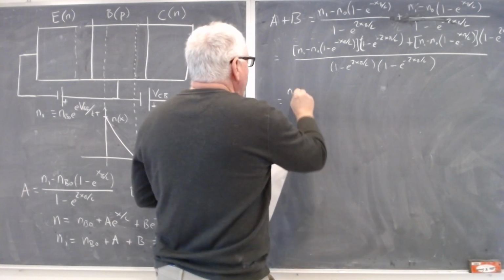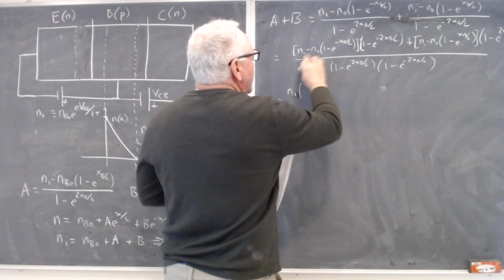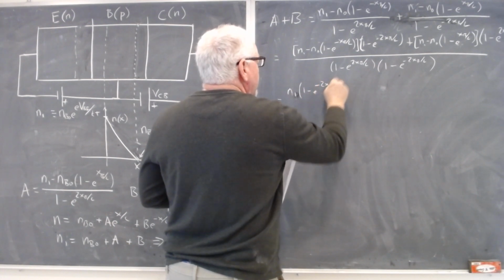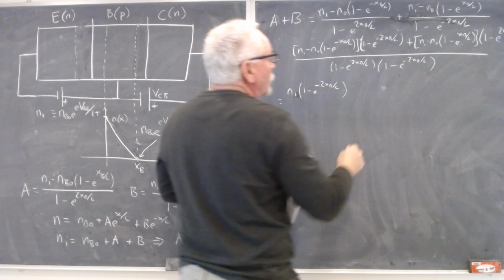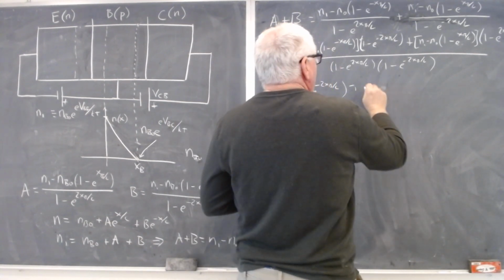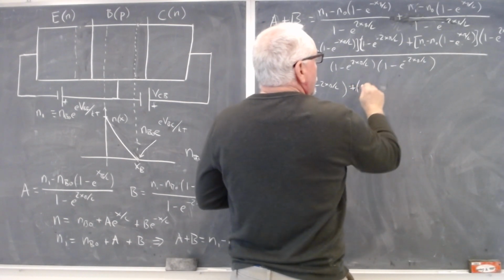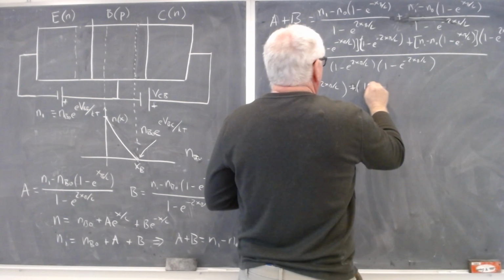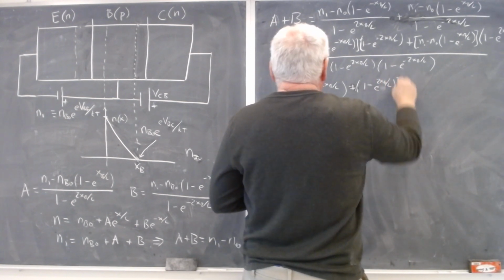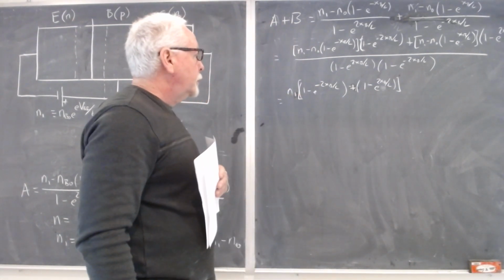Let's do n1 first. So n1 times that, 1 minus e to the negative 2 xb over L, okay, plus 1 minus e to the 2 xb over L, right?